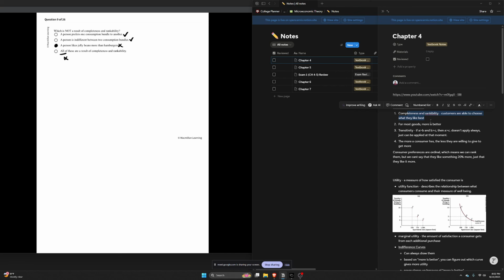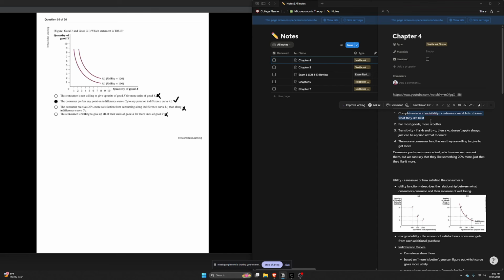We're just saying that they can like one or the other, or they can be indifferent, but it's not a rule for specific people, if that makes sense. So being specific like this, it's not a rule. So that's why that answer is correct. And since that one's incorrect, then they can't all be right. So answer C.